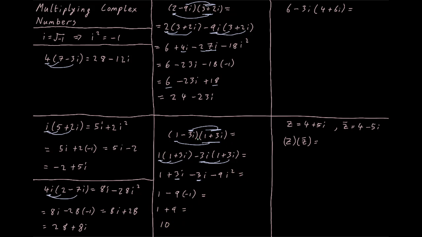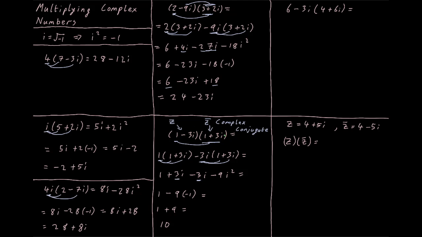This isn't accidental. You might notice that I have 1 minus 3i, 1 plus 3i. This is called the complex conjugate. We are going to come back to it in just a moment. I'll write that in here. So again, if this was our original number, 1 minus 3i, the complex conjugate of that number would be 1 plus 3i, and it's called z with a little bar on the top of it.